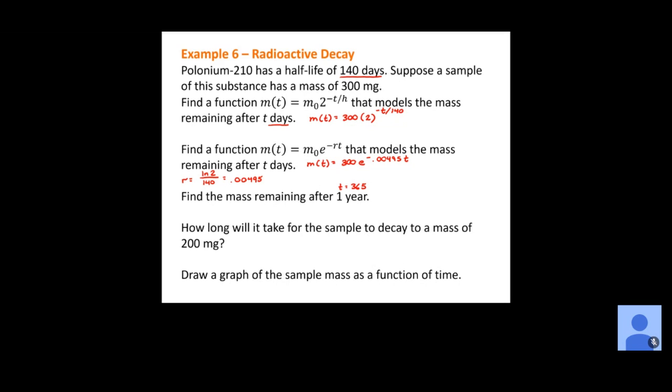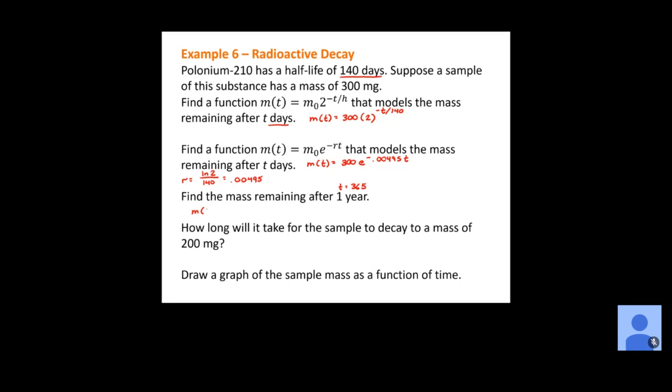And so it does not matter which of these two functions you use, because they should both give you about the same amount. Obviously, we rounded off this decimal value here, so it might be slightly different, but it really shouldn't matter. So I'm going to go ahead and use the second one.